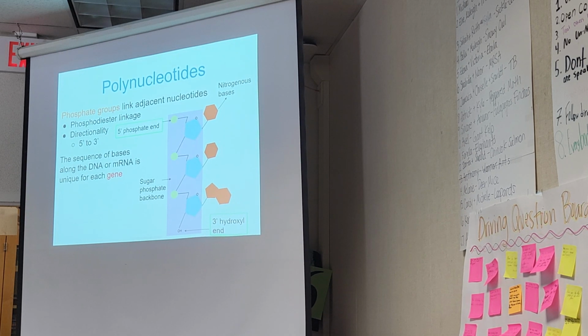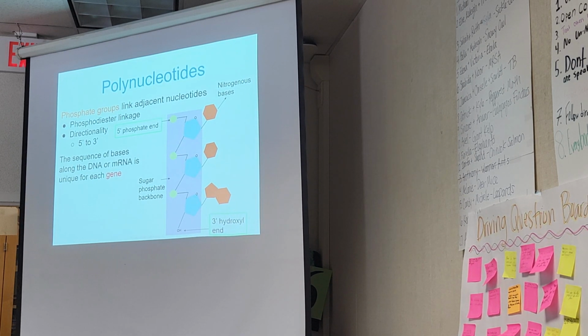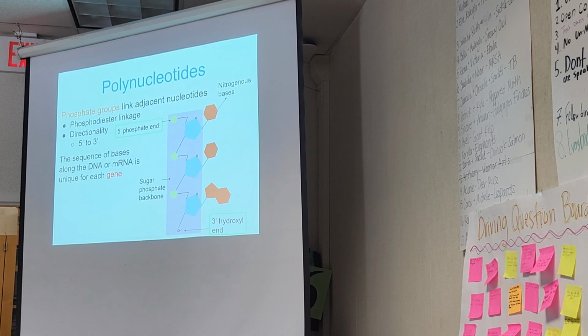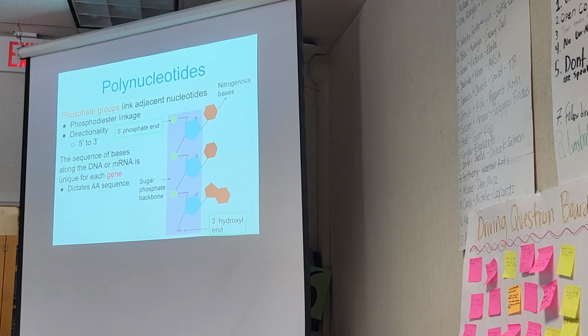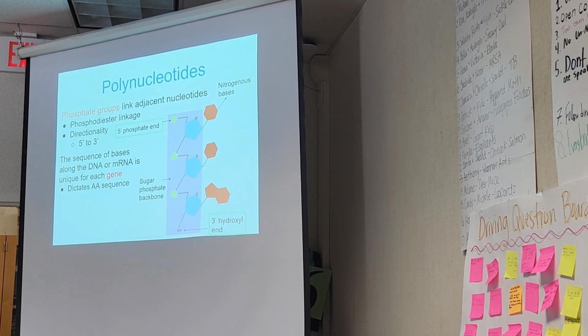There's 4 of them, when we talk about DNA: G, T, A, and C, however you want to say it. And if we're talking about RNA, the difference is uracil as opposed to thymine. This tells us what amino acid sequence is going to come in. It's read in 3-letter groups.